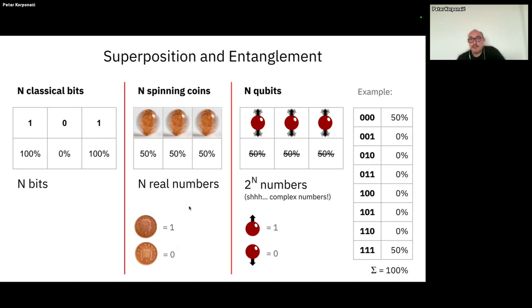When the coin is lying on the table, it's head or tail, so it behaves like a classical bit. But when the coin is spinning, it's not head and it's not tail. It's spinning.